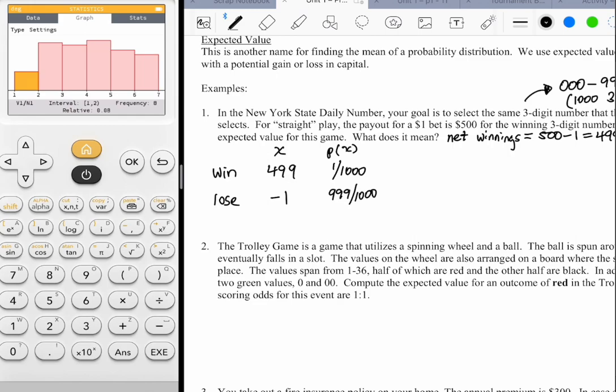All right, but what I want is the expected value, so x times p of x. So 499 over 1,000. So just like we did before, I'm taking these two numbers and multiplying them. Then I'm going to take these two numbers and multiply them. So negative 999 over 1,000.